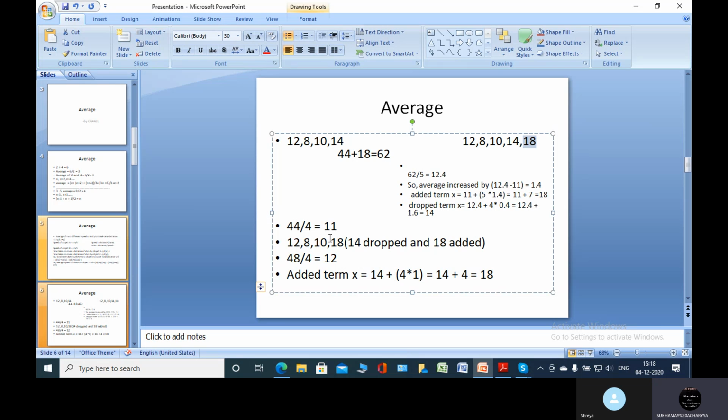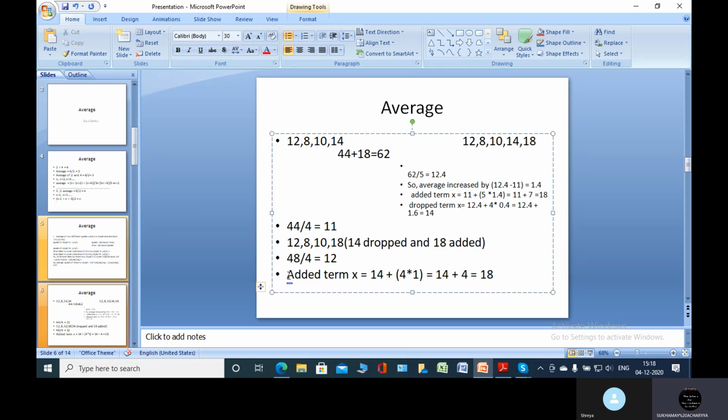Now suppose we dropped a term from that series. Suppose we dropped 14 from that series. So 12, 8, 10 and 18 will be the terms. So what will be the average? Simply it is 48 by 4, which is equal to 12.